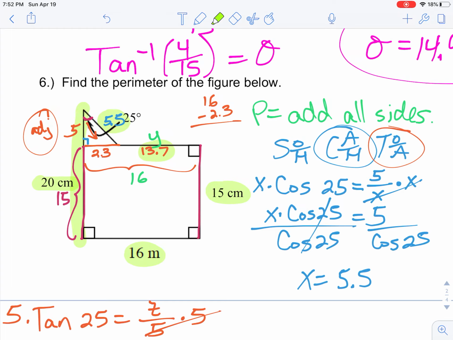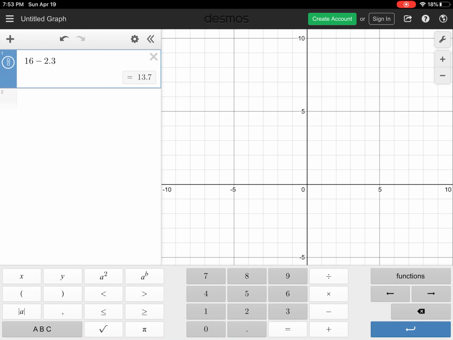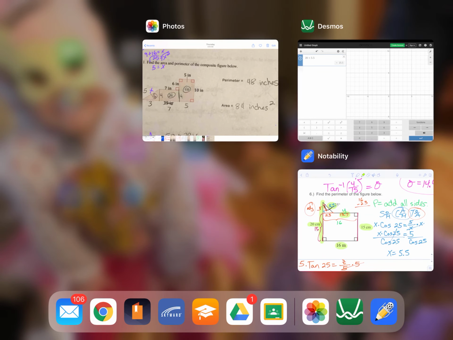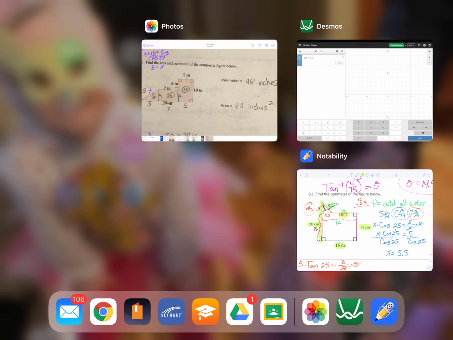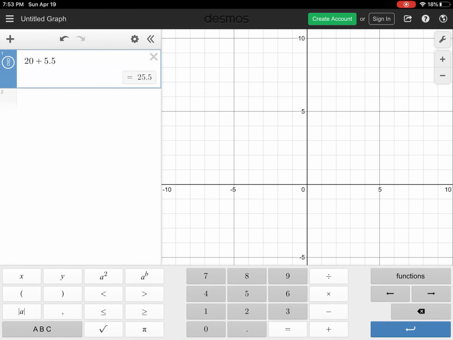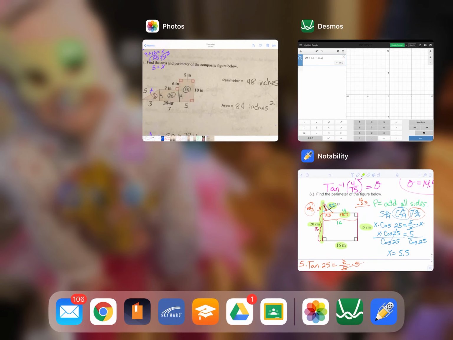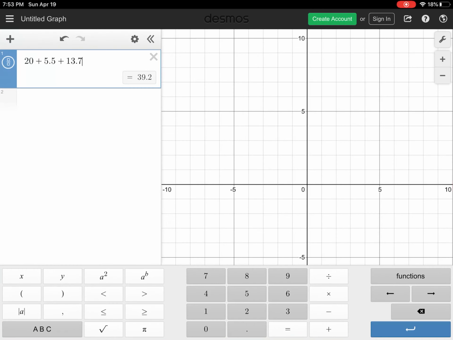So let's go ahead and add those. 20 plus 5.5, 13.7, 15 and 16.